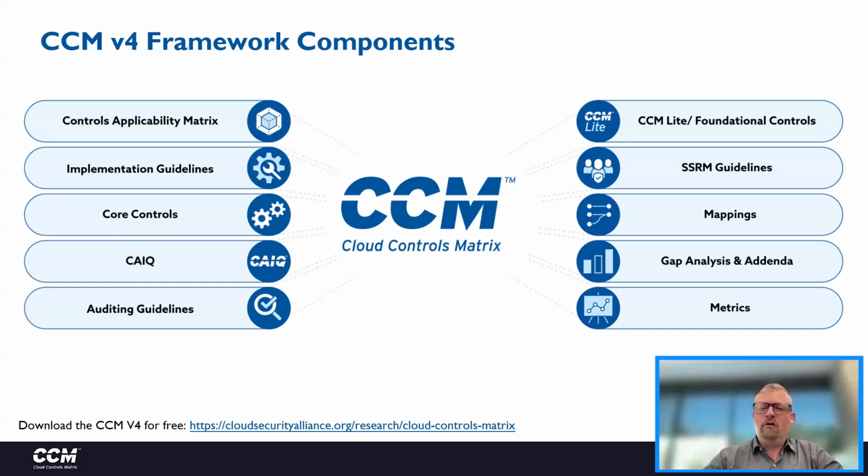CCM also includes mappings against some of the frameworks that I mentioned on the previous slide, and it also includes the CAIQ, which is an assessment methodology that can be used to look at individual cloud service providers and the services and applications that they deliver, and can be used by customers to assess which one fits most appropriately for their needs. CCM also delivers auditing guidelines that can be used by cloud auditors to get a better and uniform understanding of how well a cloud provider is delivering against the requirements that have been set down by CCM.